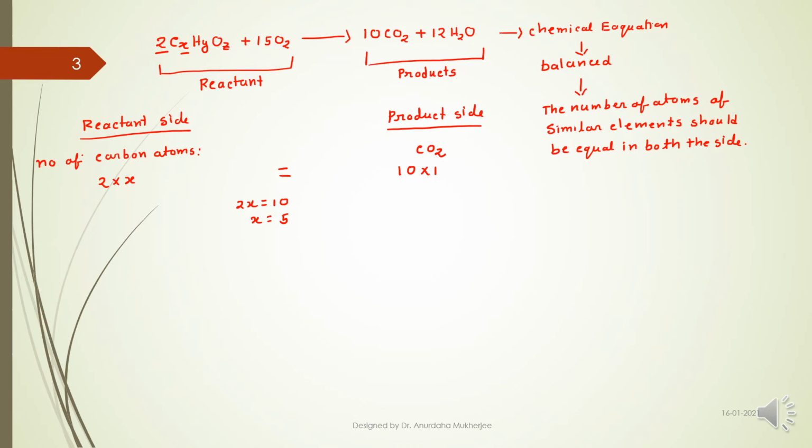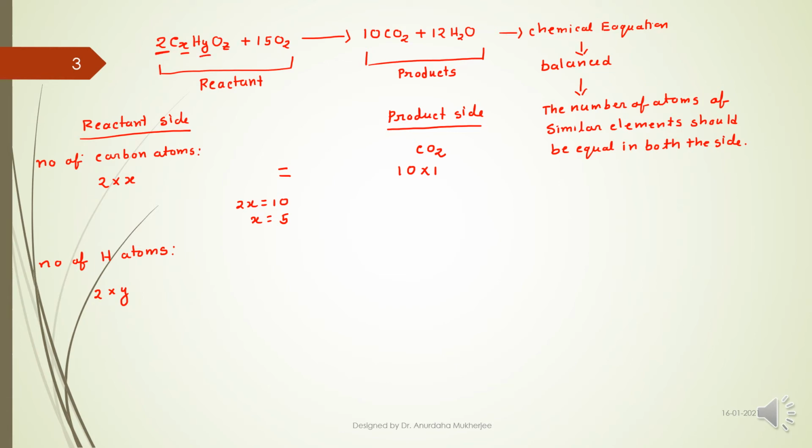Now the number of hydrogen atoms present in the reactant side is 2 into y, where 2 is the coefficient and y is the subscript.